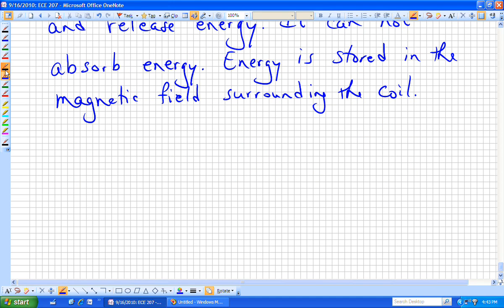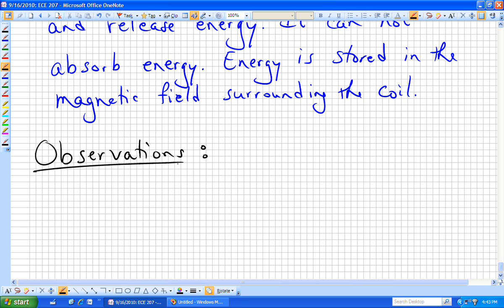Let's make some observations before I release you. What's the variable for magnetic field? Now we have flux for our magnetic, we have these flux linkages, and then we have our magnetic field. It's similar to what we had with our electric field. We're not going to worry about labeling the magnetic field.